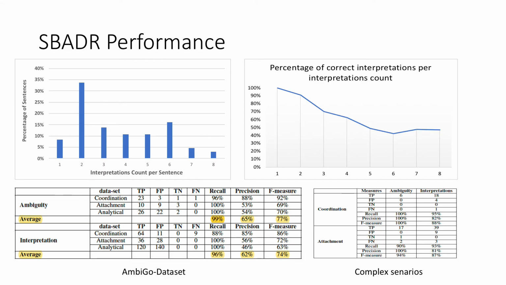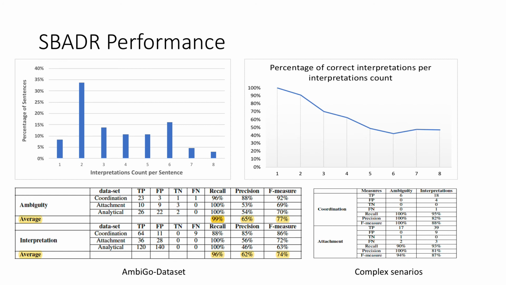We evaluated our SBADR approach. We obtained a data set from an existing approach tackling the 3 main types of syntactic ambiguity, the Ambigo dataset, and we ran our approach on this dataset.